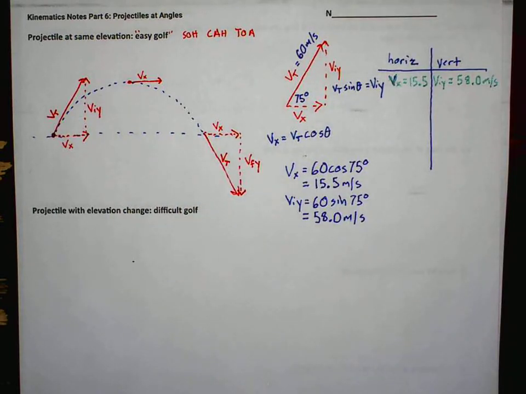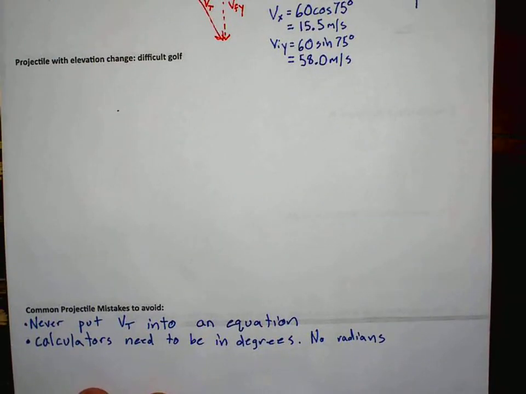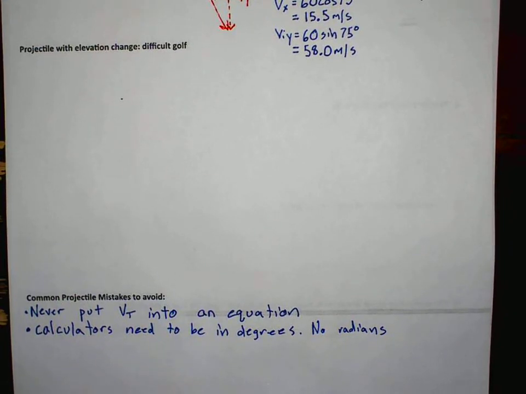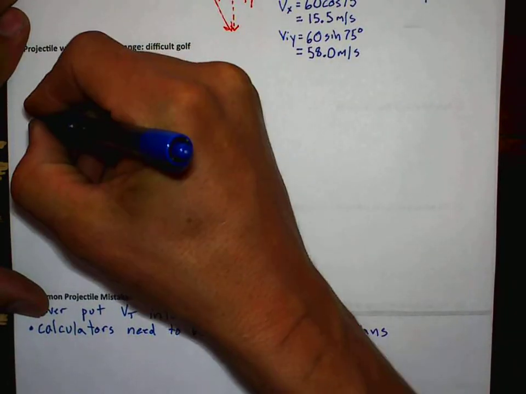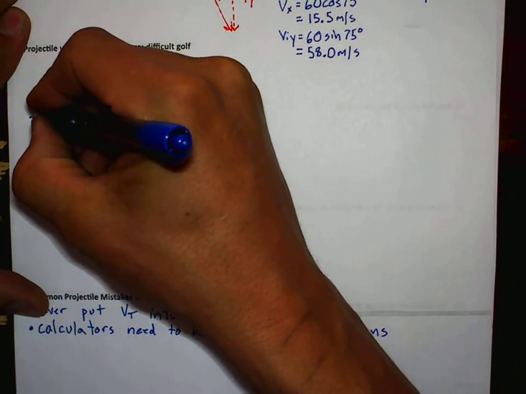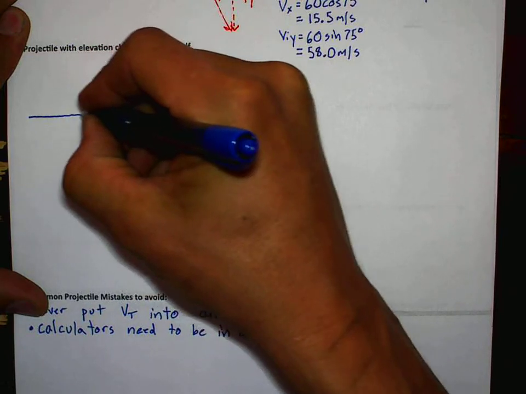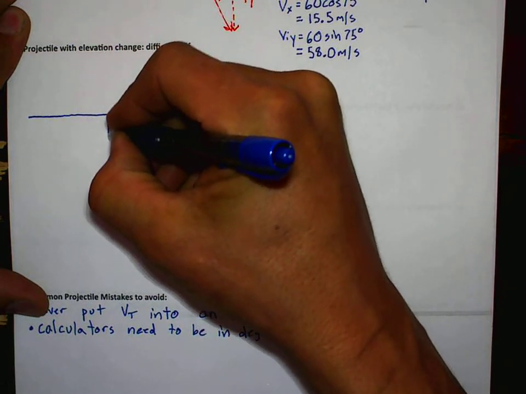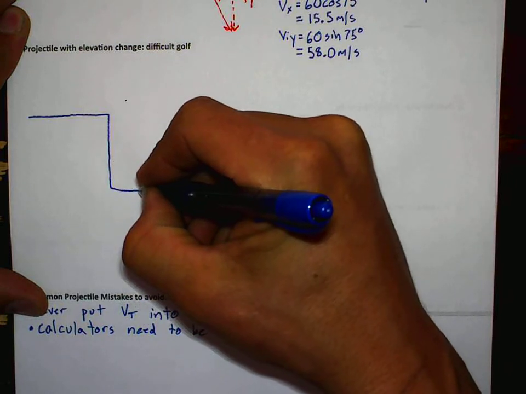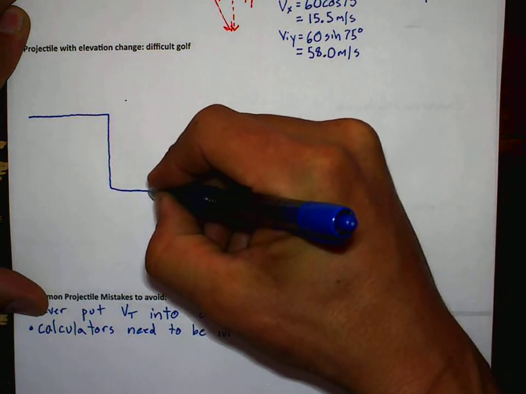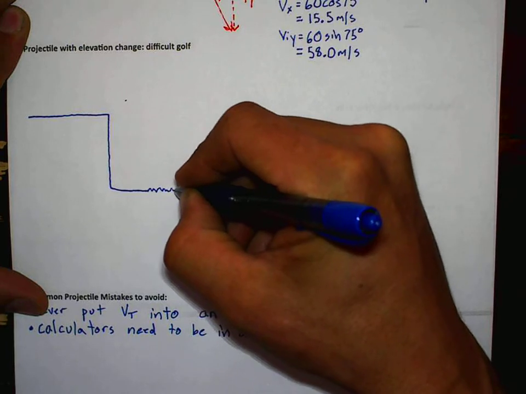Second situation, projectile with elevation change, difficult golf. Let's just draw something like this. Let's draw a water trap. Down here maybe we have a sand trap.